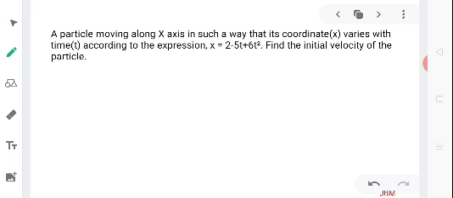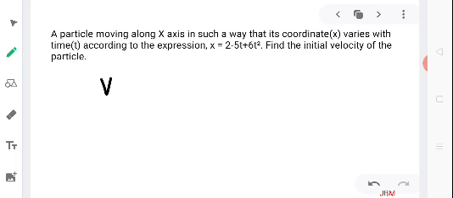A particle moves along x-axis in such a way that its coordinate x varies with time t according to the expression x equal to 2 minus 5t plus 6t square. Find the initial velocity of the particle.